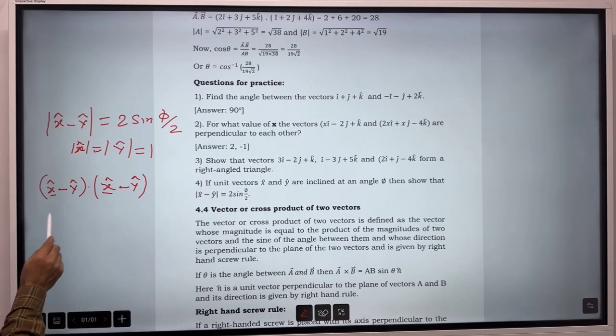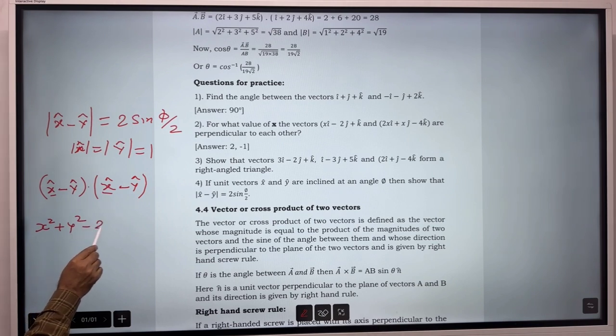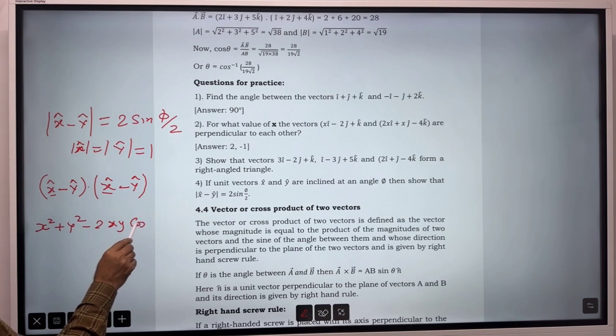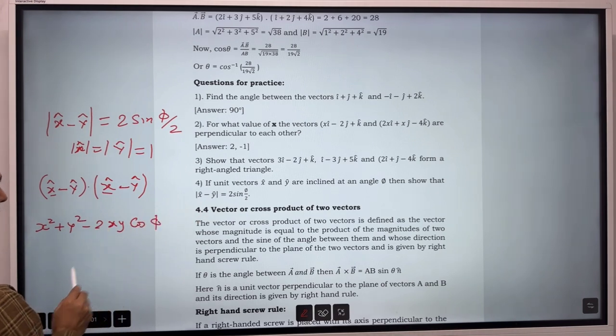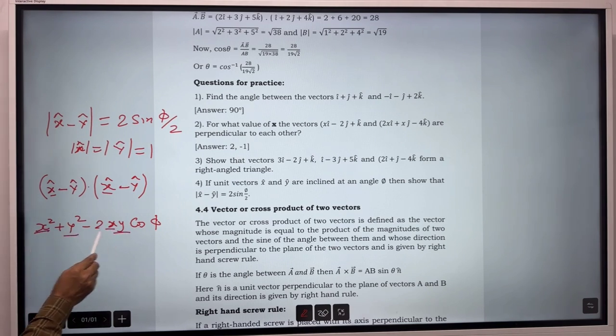So in order to avoid confusion, I'm directly writing this as x square plus y square minus twice of xy cos phi. Now these are modulus values, modulus x, modulus y, here you can put cap. So each of them will give 1. So 1 plus 1 minus 2 cos phi.